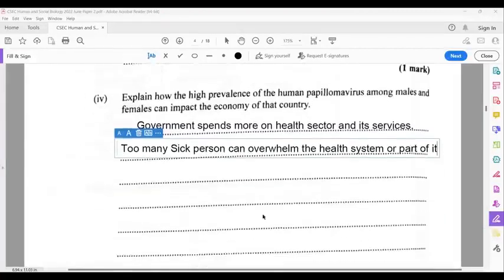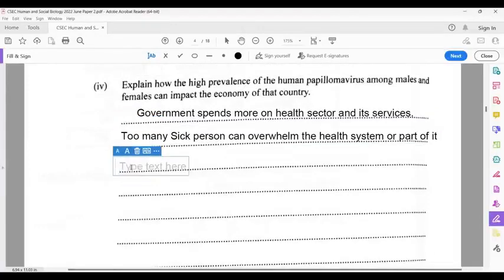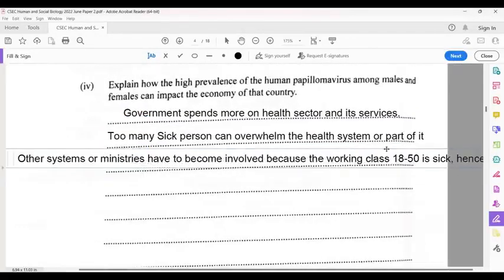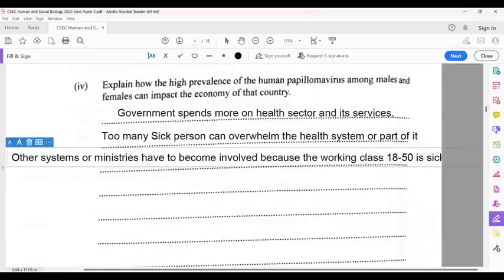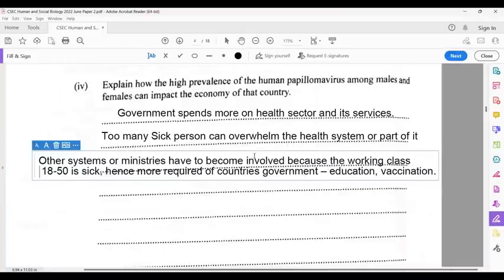It also means that other ministries, other aspects of government would have to become involved, from national security to any other ministries associated with controlling the prevalence of this.